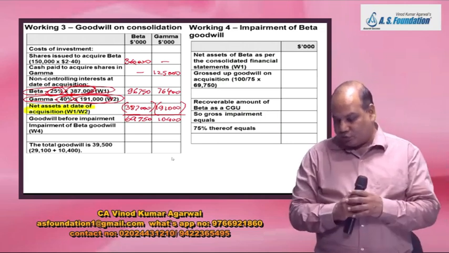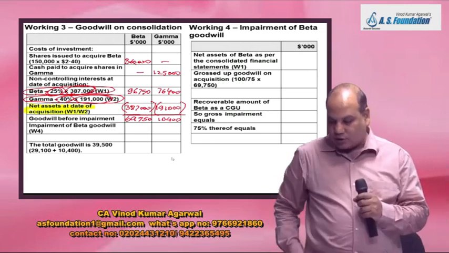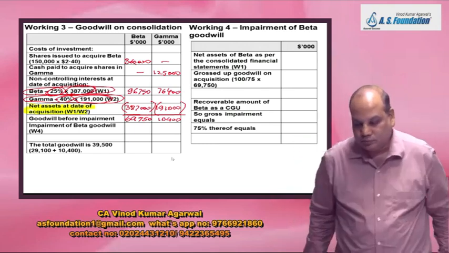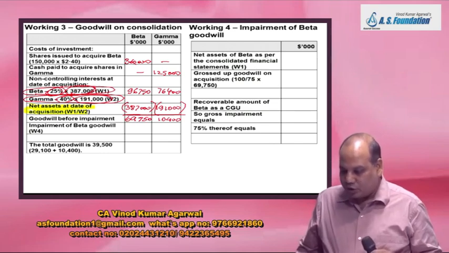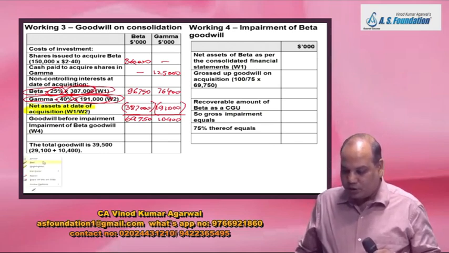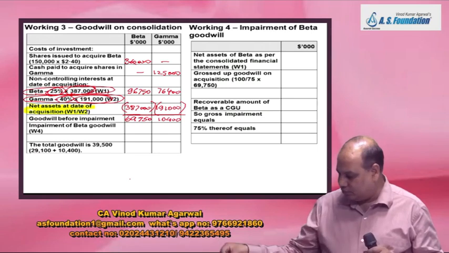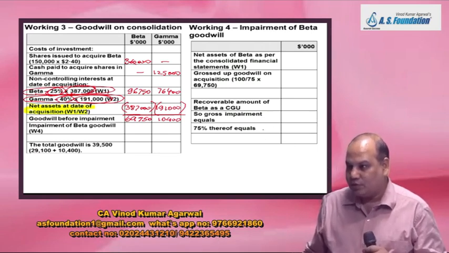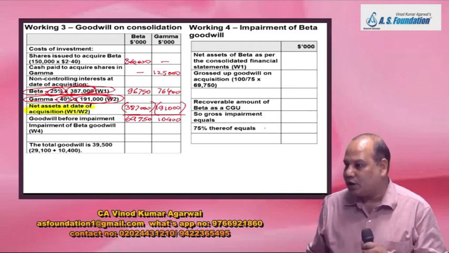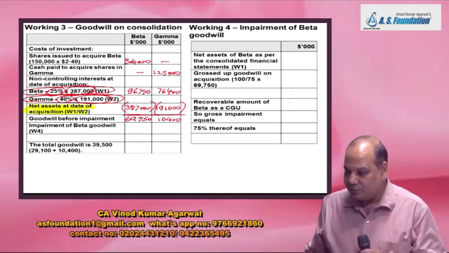Okay. So with that background and this note, let us come to working note 4. In working note 4, how to compute impairment loss you have learned. You will add carrying amount plus goodwill and compare with the recoverable amount. Is it right? So what is the carrying amount of net asset of beta at the end of the year as per working note 1?